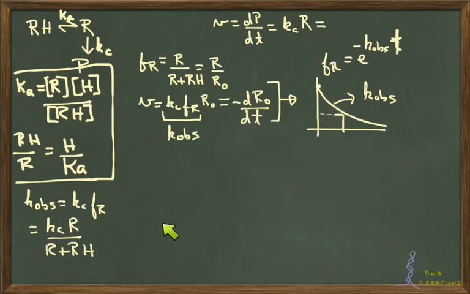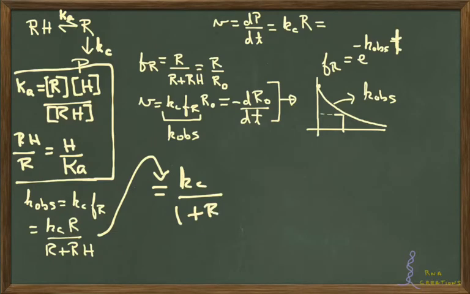I can grab that. And so I can rearrange this guy down here in terms of RH over R by dividing through numerator and denominator by R. So I'll go ahead and do that. And end up with that.